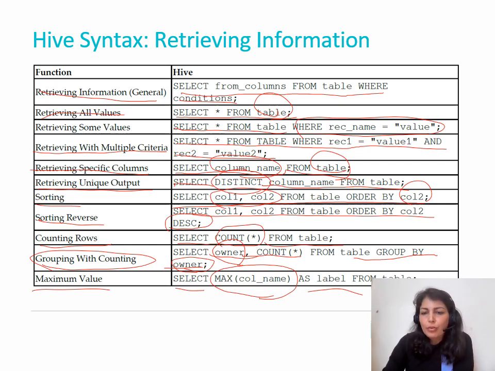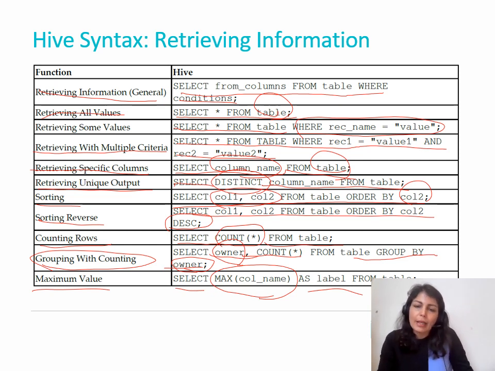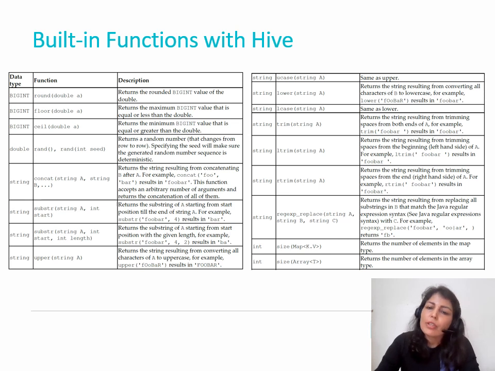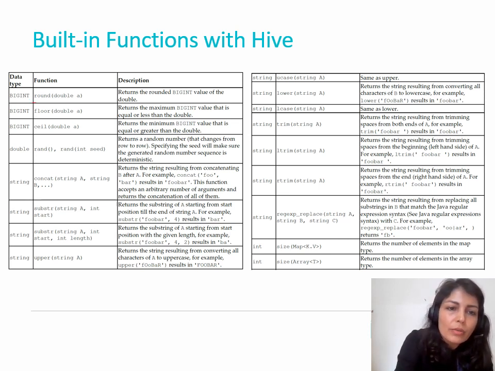Okay, this table is not new. We explained the syntax of these different types of retrieving in the previous slides. Built-in functions, as you have seen in the examples, for example, we had count, we had max, there are some built-in functions with Hive that you can simply use, like round, floor, and so on.